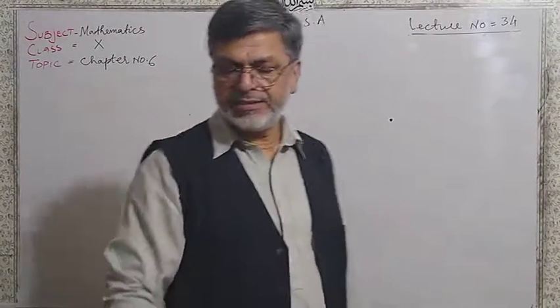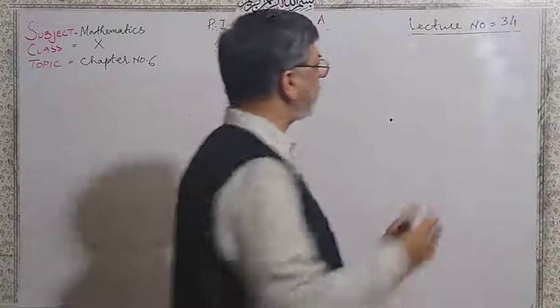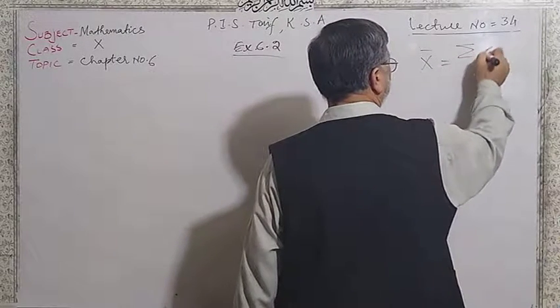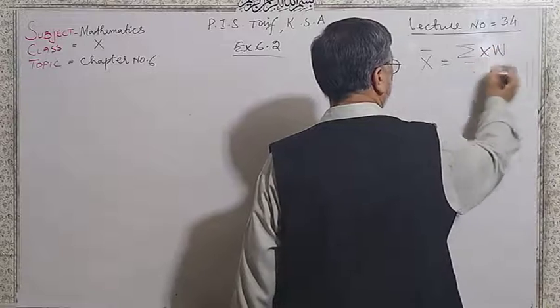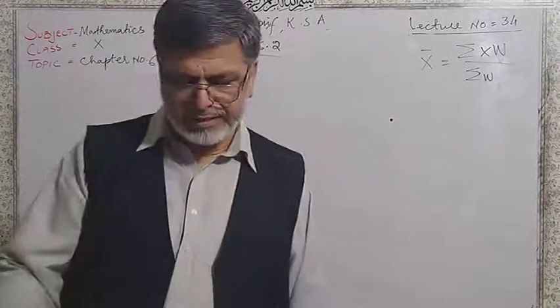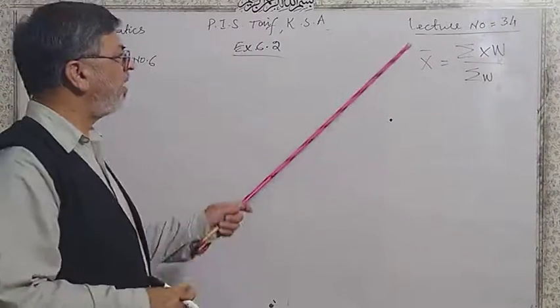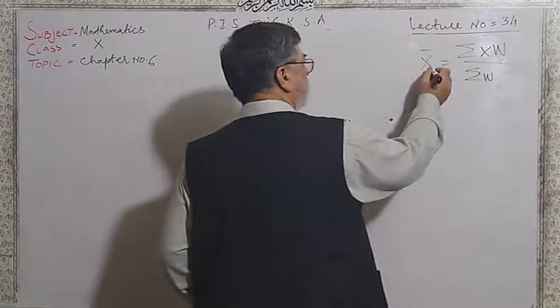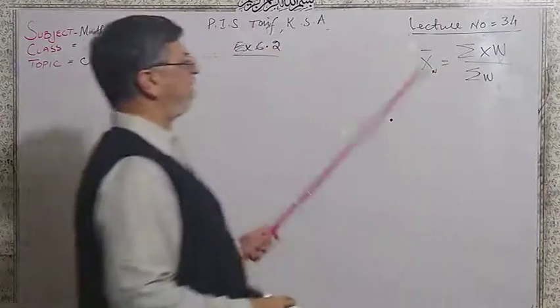Here weighted average x bar is equal to sigma xw over sigma w. This is our formula for the weighted average. A small w can be written under x bar.